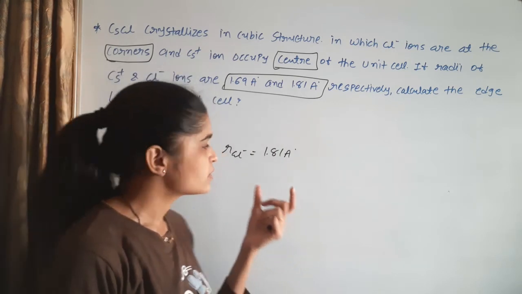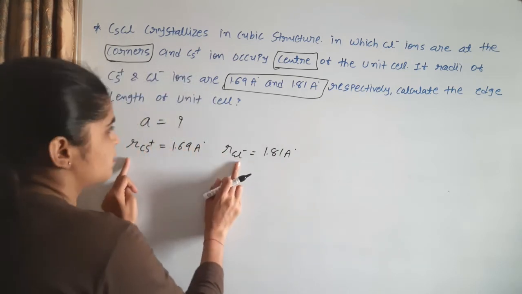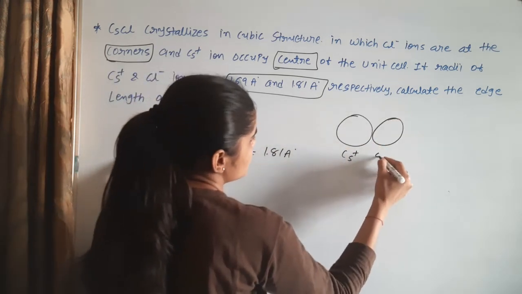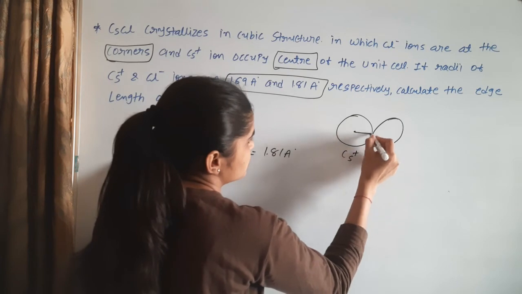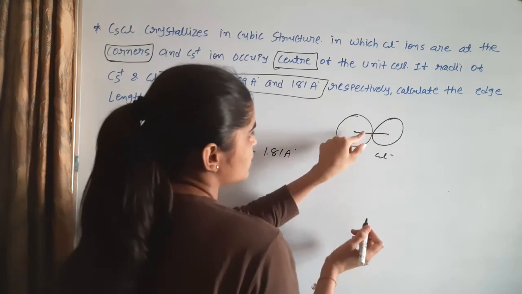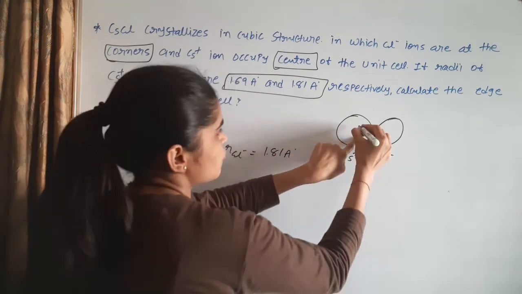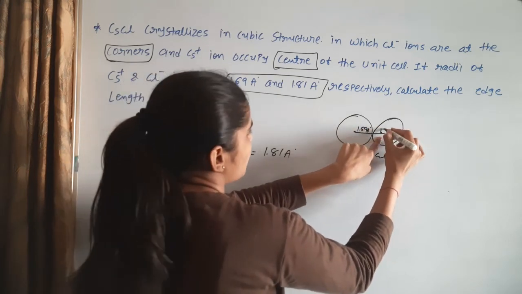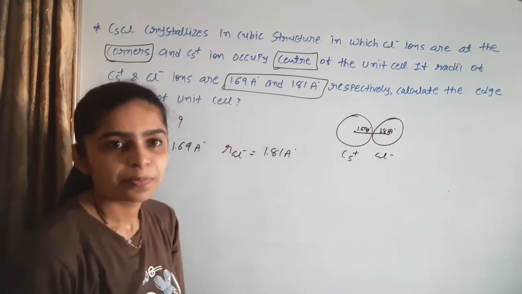We assume these are neighboring atoms. For example, this is Cs plus and Cl minus. This Cs plus radius is 1.69 angstrom and this atom is 1.81 angstrom.